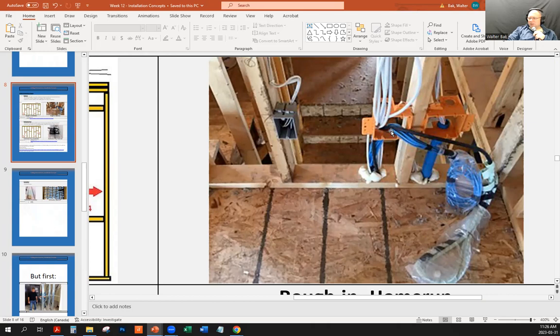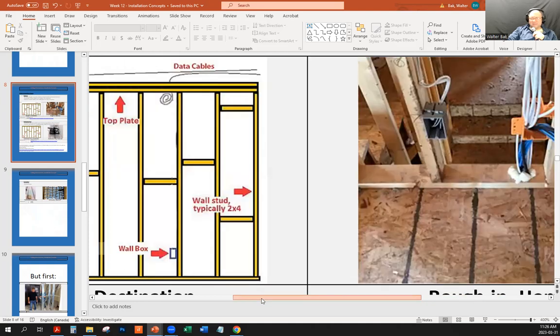Now, this is a small job. Usually, with the commercial jobs that you're going to do, you are going to have that thing coming out of the ceiling somewhere, or sometimes in the floor. So just make sure that you coil things and put things away properly.